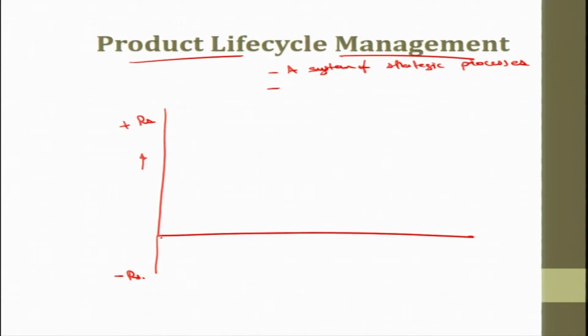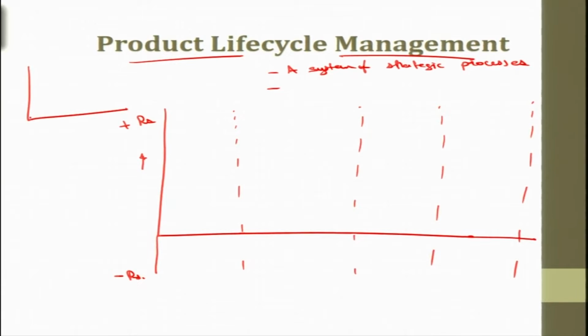If I divide it into stages, first I am planning and manufacturing, then I am building the product, then I am providing after sales support. This is not the marketing kind of product life cycle.